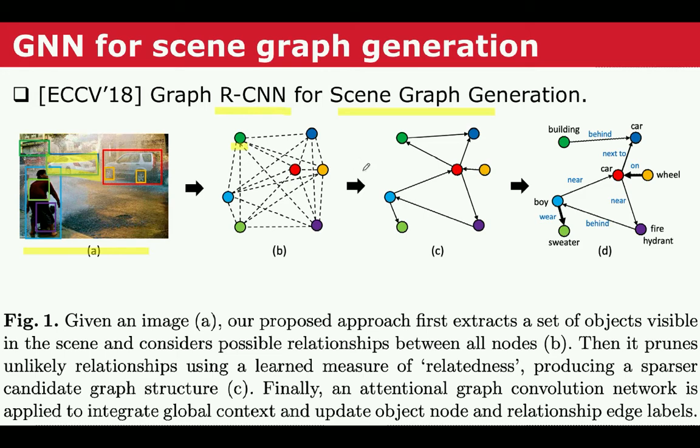The graph is fully connected in the beginning, but the edges are later pruned by the model. In the end we can do node classification and edge classification to predict the actual type of the nodes and the interaction type.